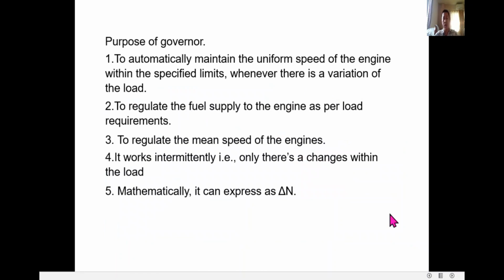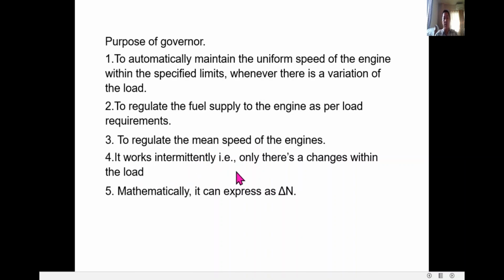Purpose of governor: to automatically maintain the uniform speed of the engine within the specified limits whenever there is a variation of the load, to regulate the fuel supply to the engine as per load requirements, to regulate the mean speed of the engines. It works intermittently.